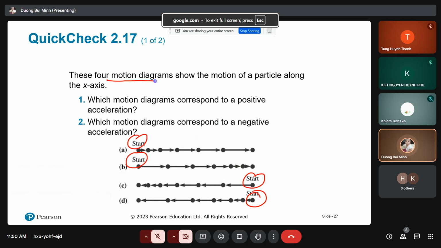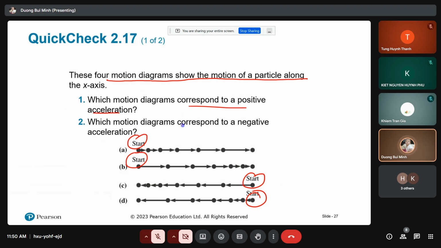These four motion diagrams show the motion of a particle along the x-axis. Which motion diagram corresponds to a positive acceleration and which to a negative acceleration? Easy, right? So for every A, B, C, D, you need to choose one or two.